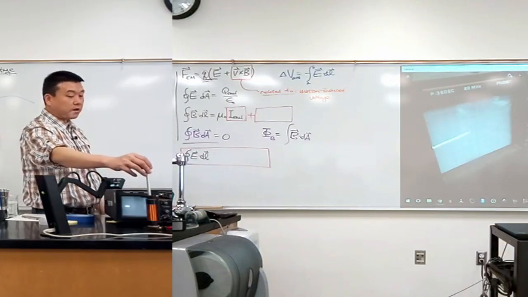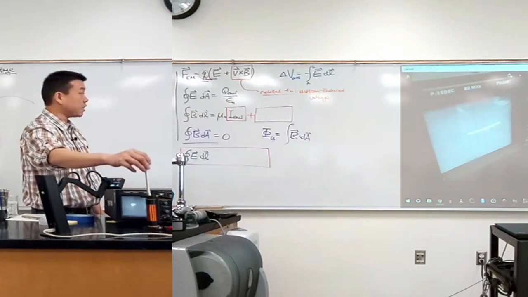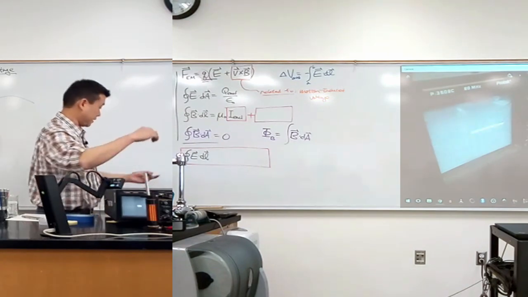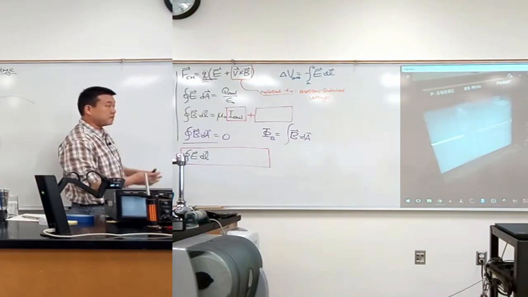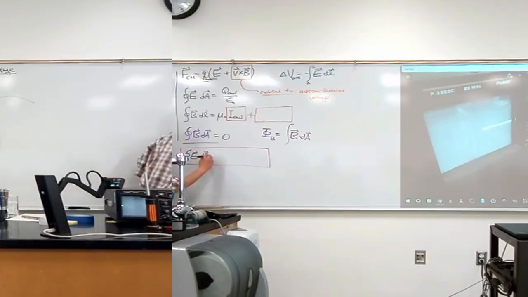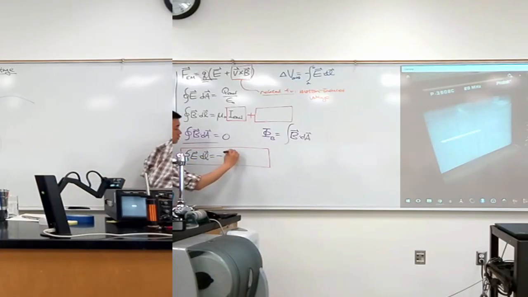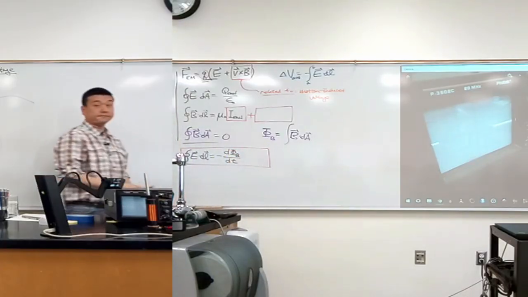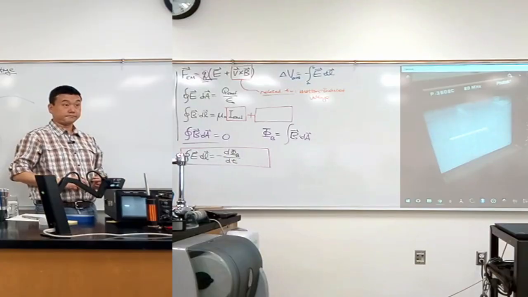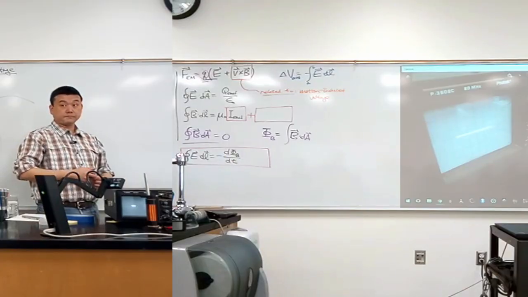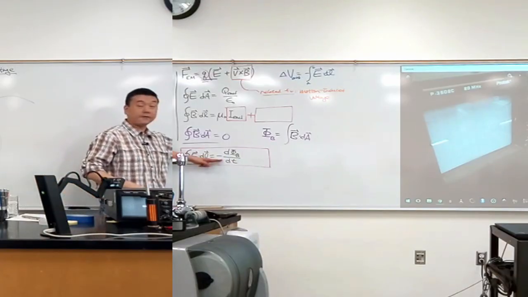You only see the voltage when the magnetic flux changes. So this voltage is related to the magnetic flux this way: minus the rate of change of the magnetic flux. So there's a time derivative here.